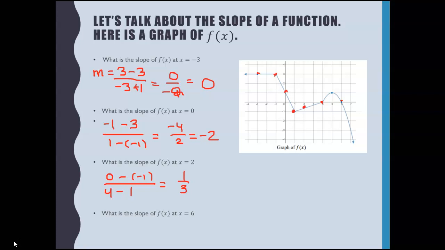And then at 6, so this is a quadratic. It's a little bit harder to find the slope.